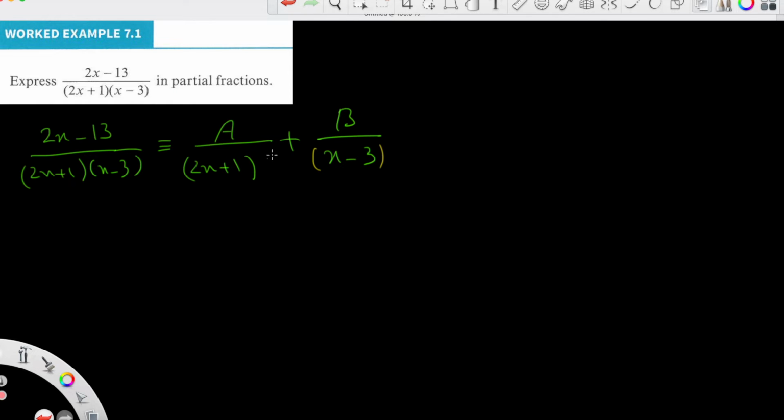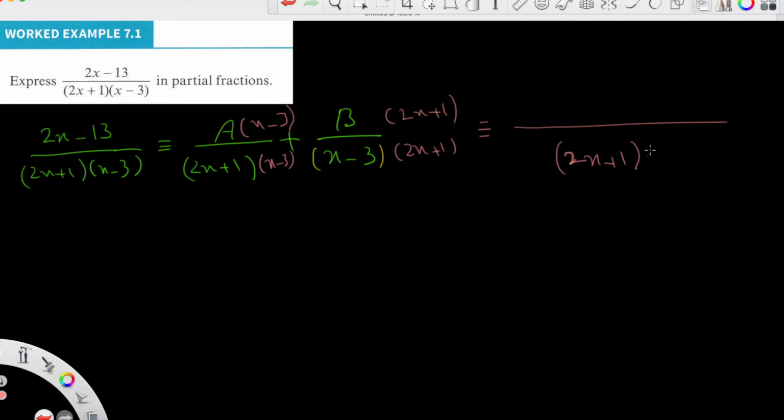Method 1 is actually equating these two expressions. I first take a common denominator on the right hand side. I multiply by x - 3, and this is multiplied by 2x + 1, so it will become (2x + 1)(x - 3).